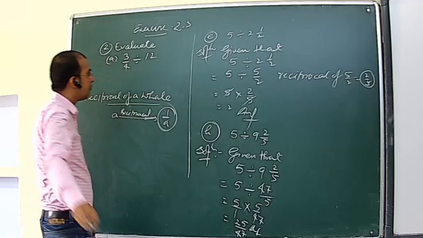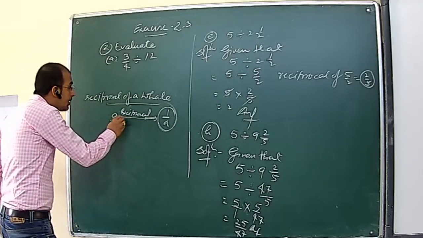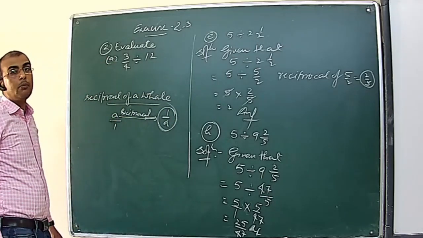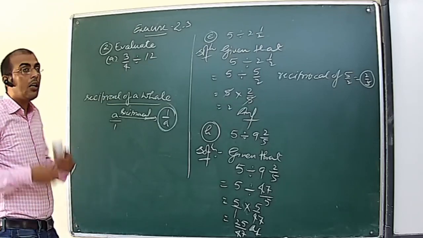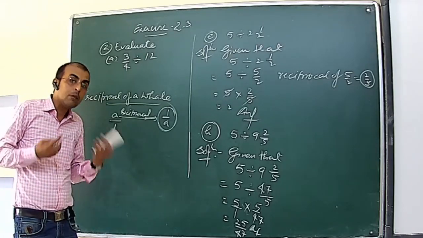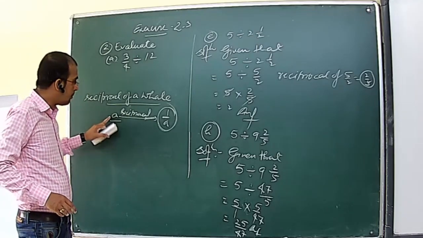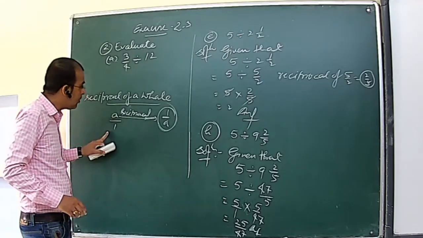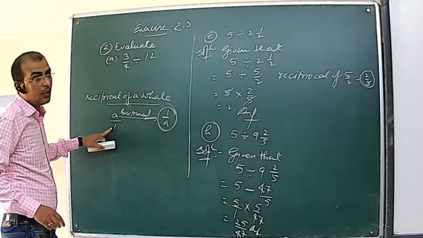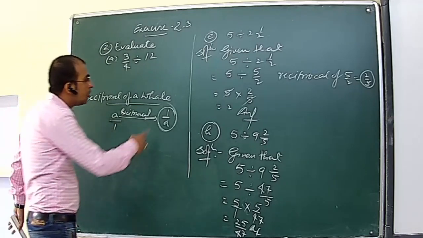Remember this thing. Because why? Because you can write a by 1. Any number divided by 1 or multiplied by 1, its value will not change. So it can be written in the form of numerator and denominator. So a can be written as a by 1 and its reciprocal equals 1 by a.